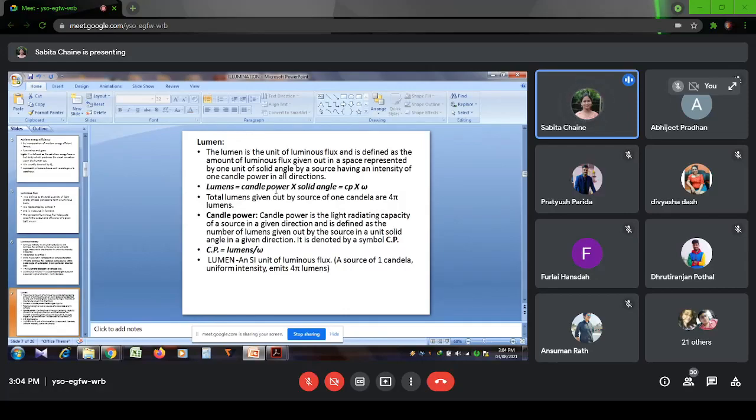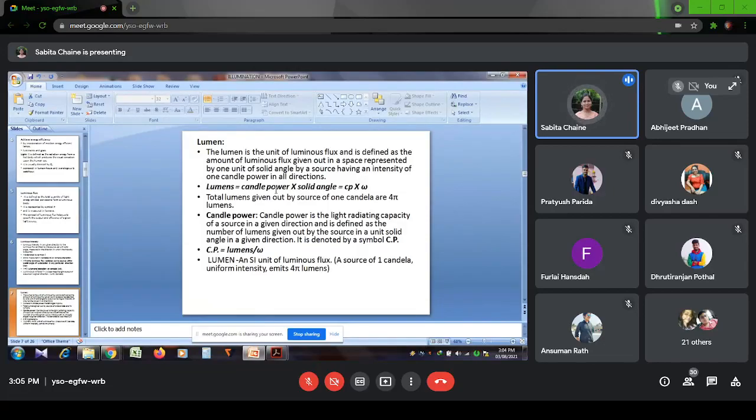If you take a spherical shape source, the light is produced in all directions. So the total lumen given out by a source of 1 candela is 4 pi lumen.